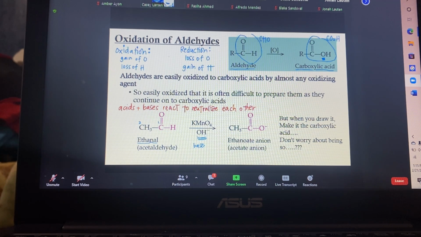I would like you guys to draw this as a carboxylic acid. That's because this course already moves so fast that I don't need you to keep track of the fact that these are basic conditions. But in case you'd like to, you definitely can draw something like this, or you can just keep it as the carboxylic acid. I don't mind whatever you want to do.